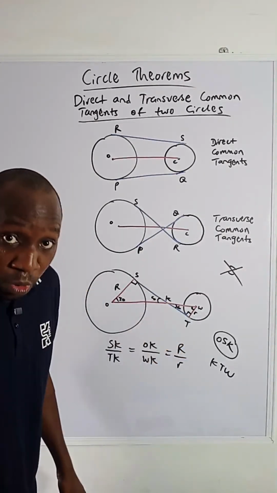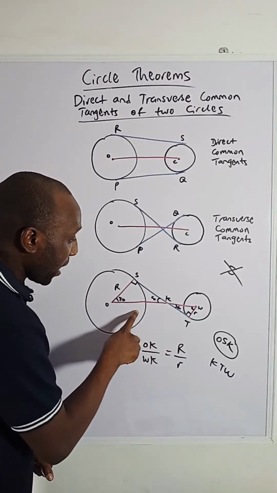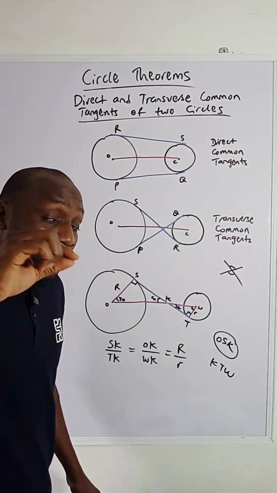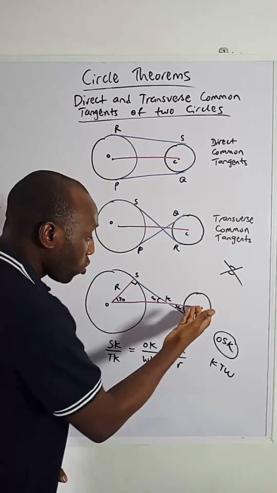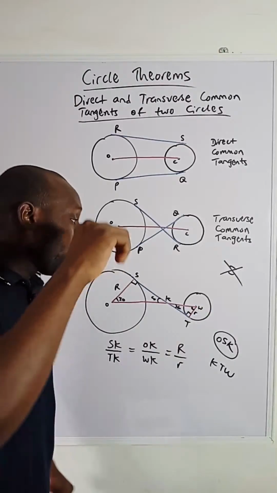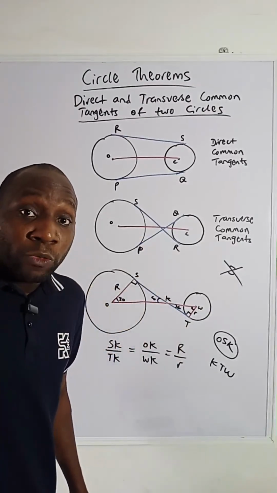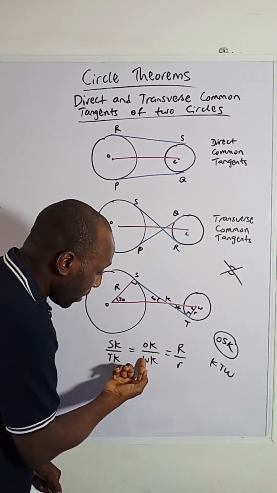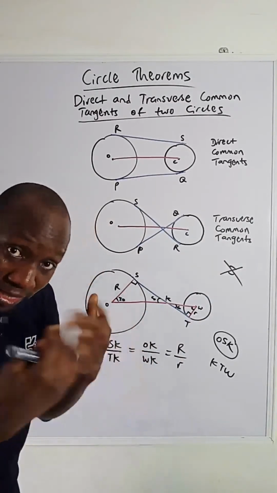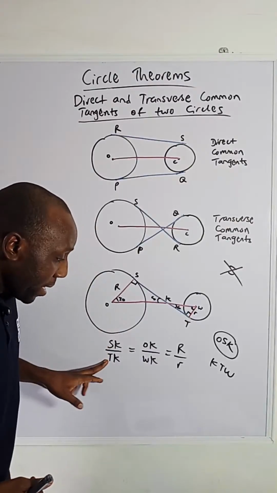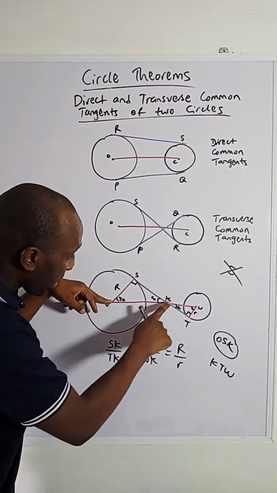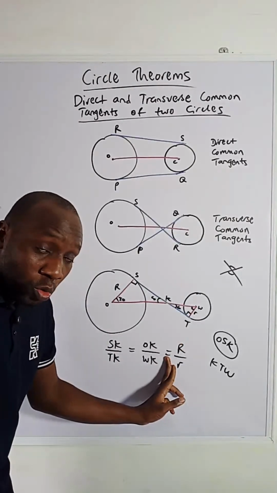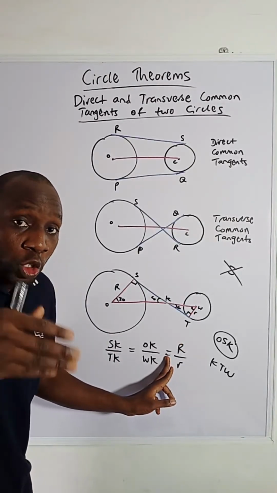OK is the hypotenuse, the side facing the right angle. The same thing with WK, it is also the longest side, which is the hypotenuse. So we can say that SK over TK is equal to OK over WK. And this must be equal to the ratio of the third sides.